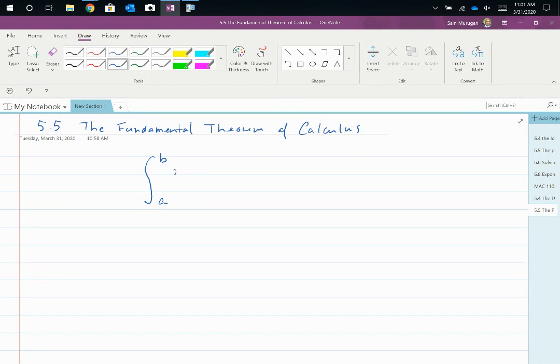The integral of f of x between a and b for dx is equal to F(b) minus F(a), where uppercase F is the antiderivative of the function f.